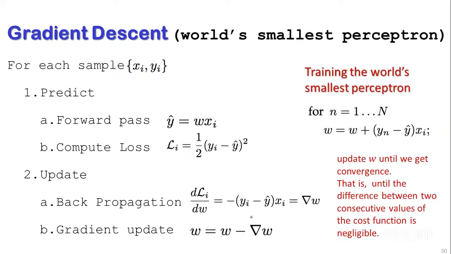So here you can see, once you have computed the loss, then you need to do the update, and for the update you need the derivative of the loss. Once you get the derivative of the loss, you update the weight, right? So just see these steps. In your forward pass, you predict the output, then you compute the loss, and then for weight updation you do the back propagation, which we talked about several times yesterday.